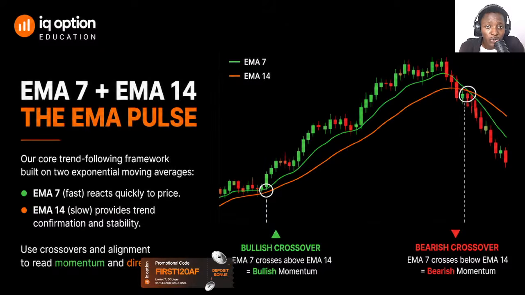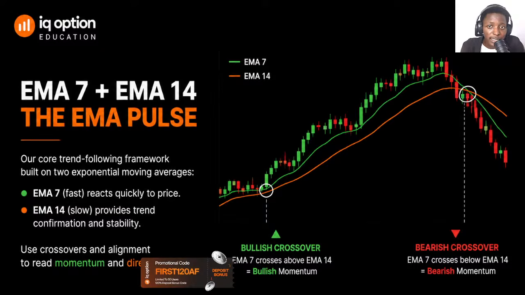So the strategy here is we're going to use EMA 7 and EMA 14, which is why we call the strategy the EMA pulse strategy. And our core trend following framework is built on these two exponential moving averages. When the EMA 7, which is the faster moving average, as you just saw in the examples, crosses above the 14 moving average, even though the 14 moving average is faster than the 50 moving average, we use this strategy for very quick entries, like 3 minute and 5 minute entries.